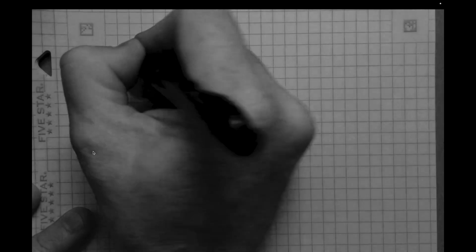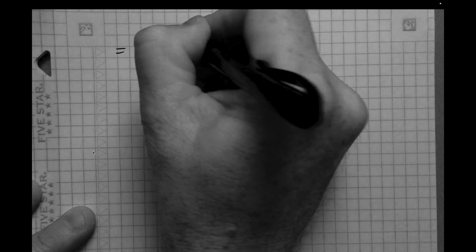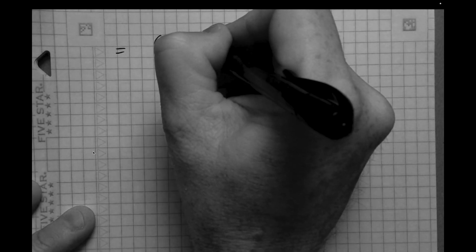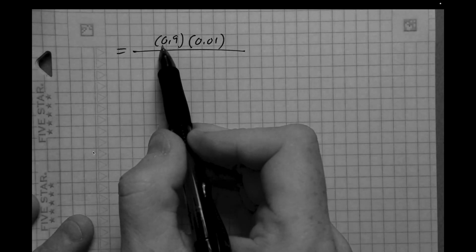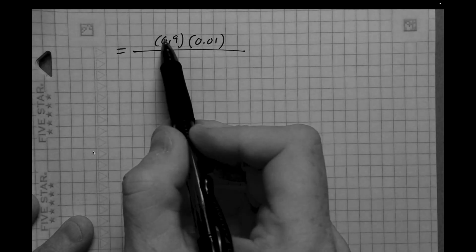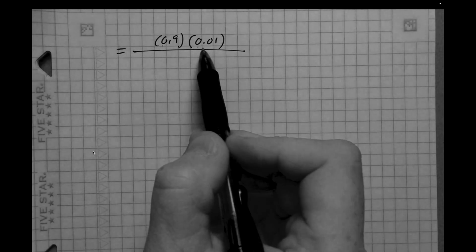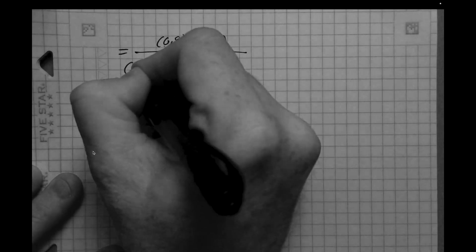Okay, and so the numerator is 0.9 times 0.01. Right, so this is the probability of a positive test result given you have the disease. Remember, 90% of the time. And this is the probability of actually having the disease, which is 1%, right? And so that's going to be down here too.